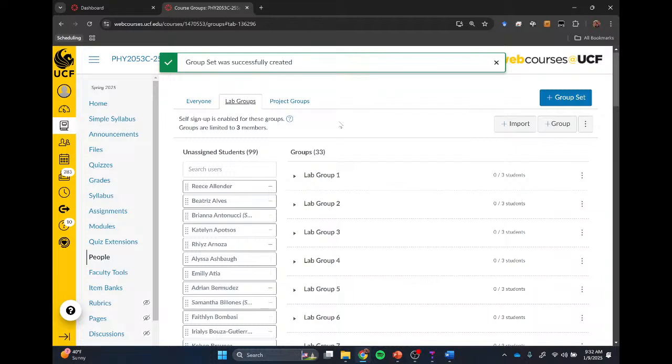It would be really cool if every week I could make a new lab group category and have them self-assign to it. The problem is when they go to self-assign, say I did make a lab group week 2, a lab group week 3, they will see all the groups from week 1, all the groups from week 2, all the groups from week 3 in one giant gross list. And so the only solution I have is to delete the groups every single week and do it fresh.